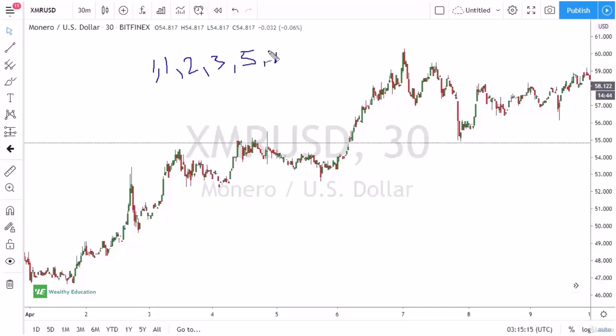You have coinciding numbers where you add the first two, you get the answer to the third one. You add the second and third one, you get the fourth. So it's this plus this equals this, this plus this equals this, this plus this equals this. And without going into deep mathematical conversations, they are all based upon 61.8% or 0.618, the golden ratio.